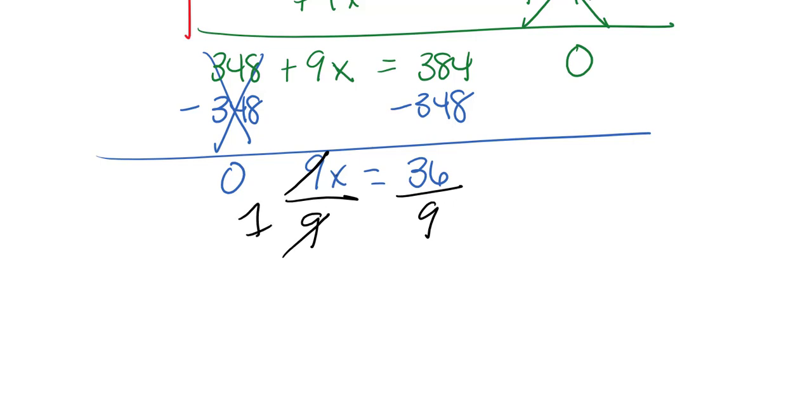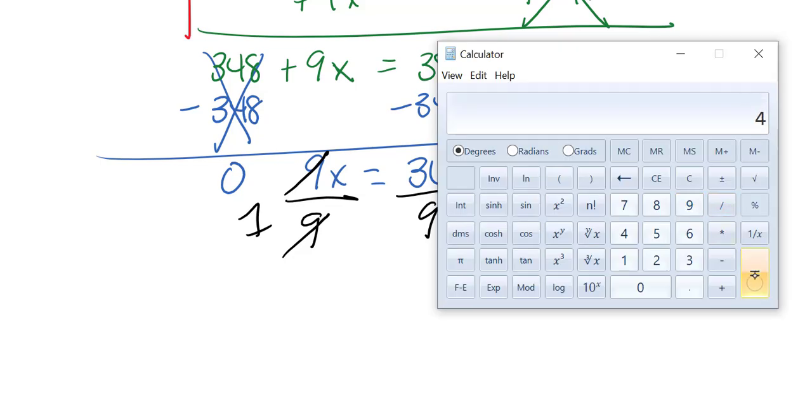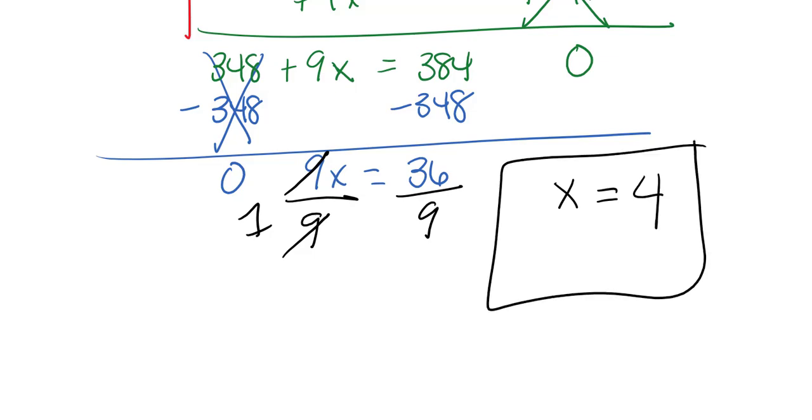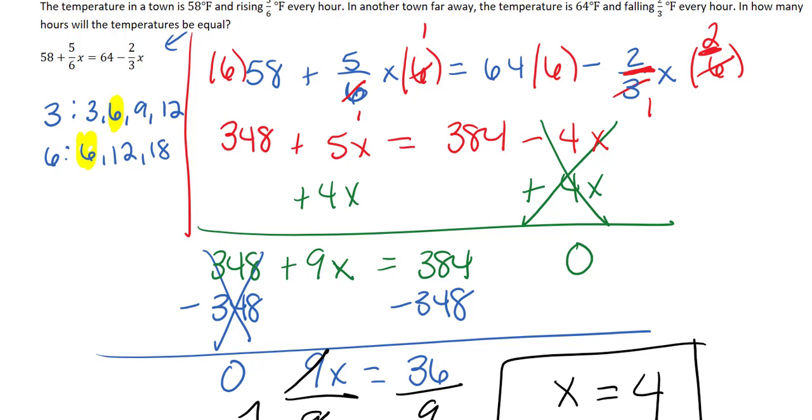So this just becomes 1, so that just becomes x. Then 36 divided by 9 becomes 4. So x becomes 4. So we saw that in 4 hours, these two temperatures will be equal. And we can plug that in to make sure that these are indeed equal, and we can figure out what that temperature would be in 4 hours.